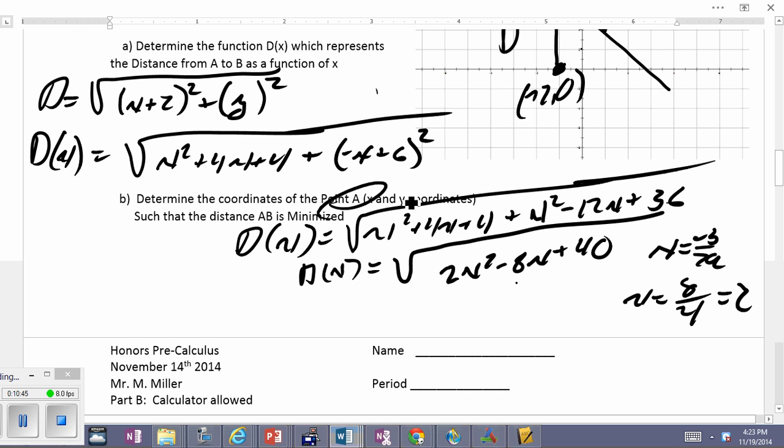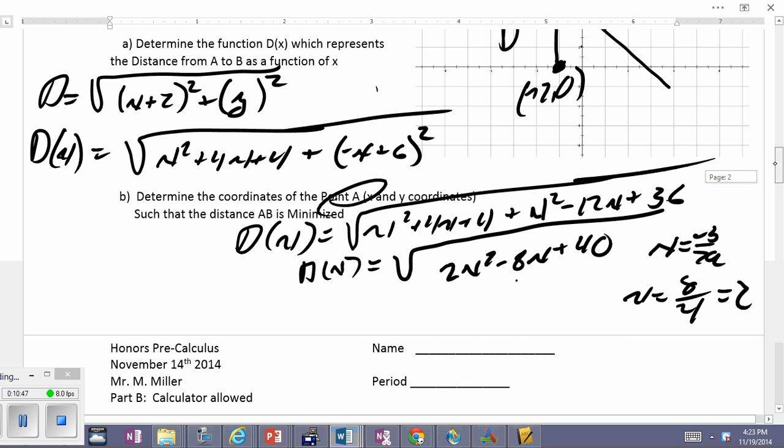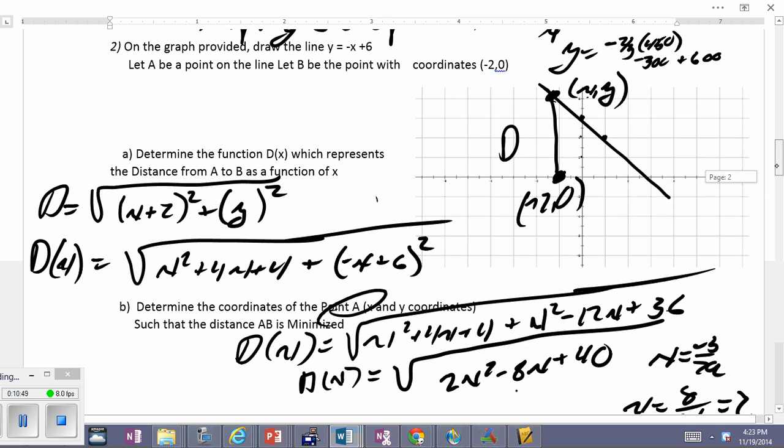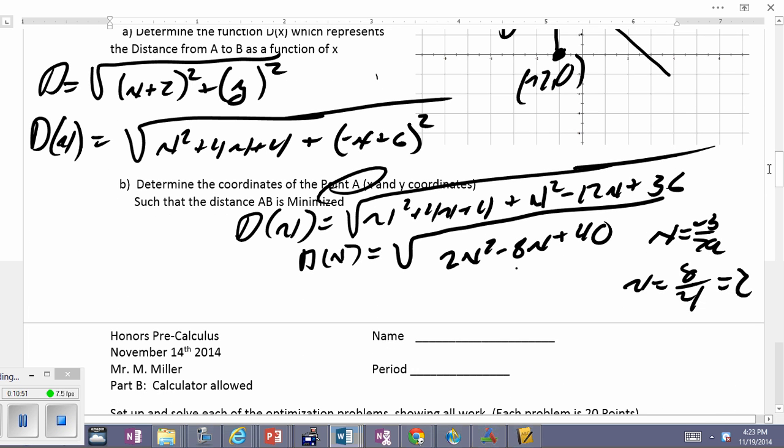Determine the coordinates of point A. What is point A? Point A is x comma negative x plus 6. Now we found what x is, so point A is at 2, negative 2 plus 6, which is 4. That's it, 2, 4.